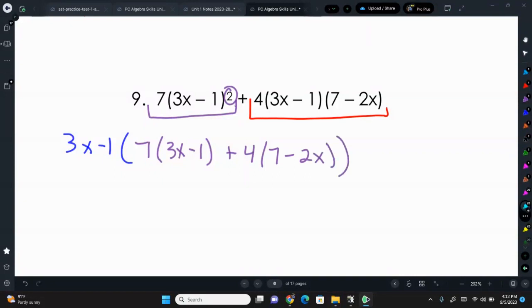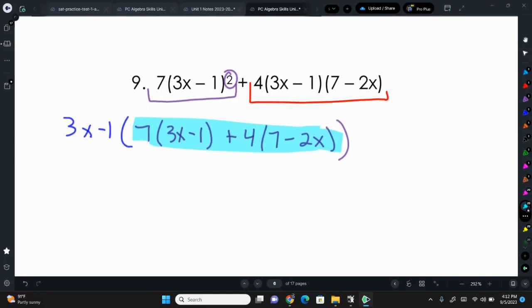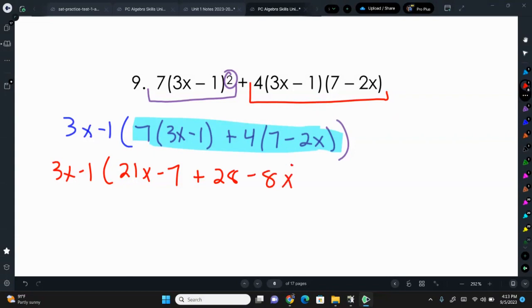Now we have to work with this on the inside. So we're going to have to distribute that, combine like terms, and maybe even have to factor that. So 3x minus 1, distribute, we get 21x minus 7 plus 28 minus 8x.